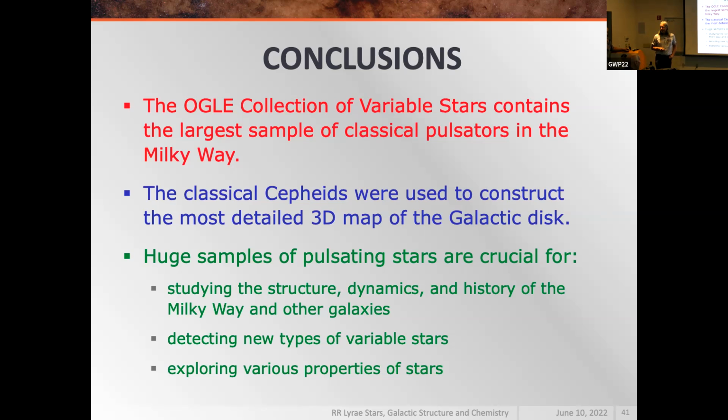We have one more online question, Horace. Yes, very interesting. I was wondering if you can say anything about the stability of the amplitudes in the multi-mode RR Lyrae stars. Do the amplitudes of the different modes stay pretty constant over time? Oh, we have tens of thousands of objects, and there are all types of behaviors among these stars.